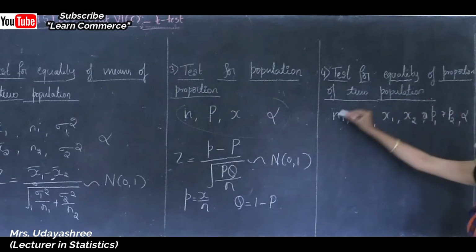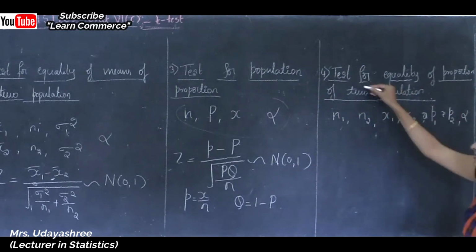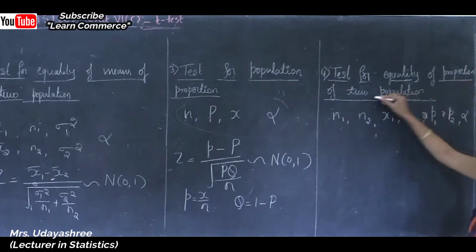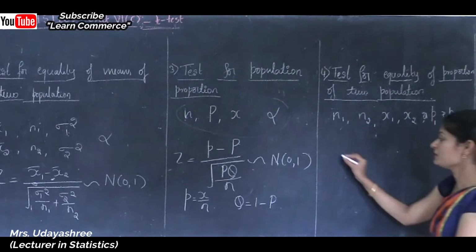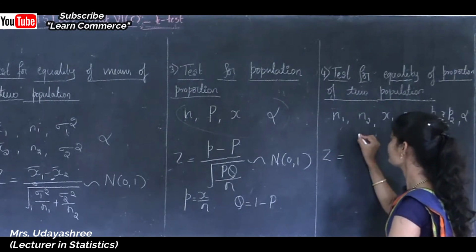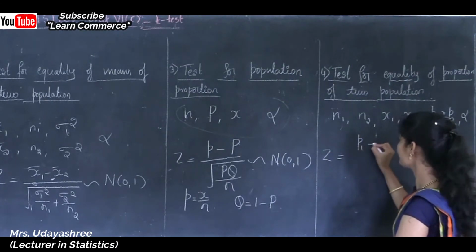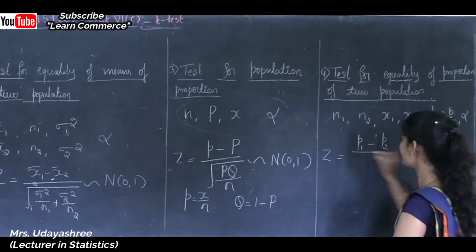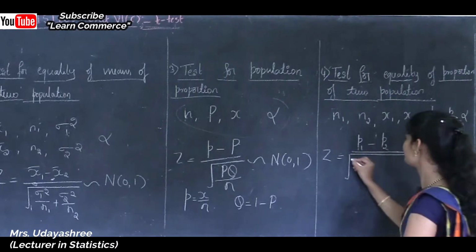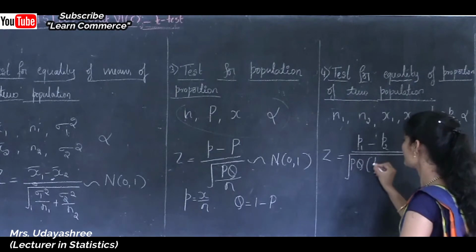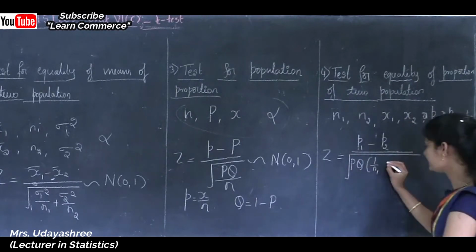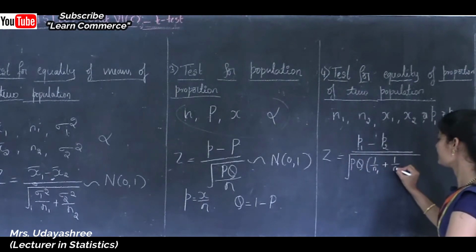If these observations are given in the question, then it is test for equality of proportions of two populations. Then the formula is z is equal to small p1 minus small p2 divided by square root of PQ into 1 divided by n1 plus 1 divided by n2.